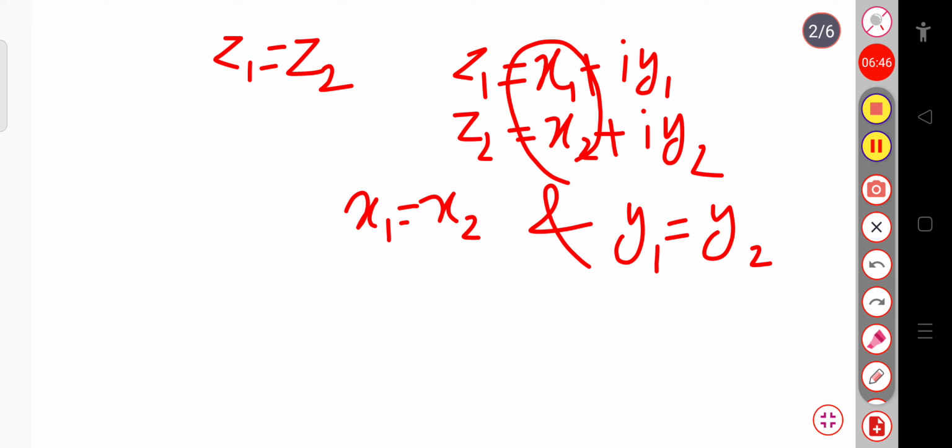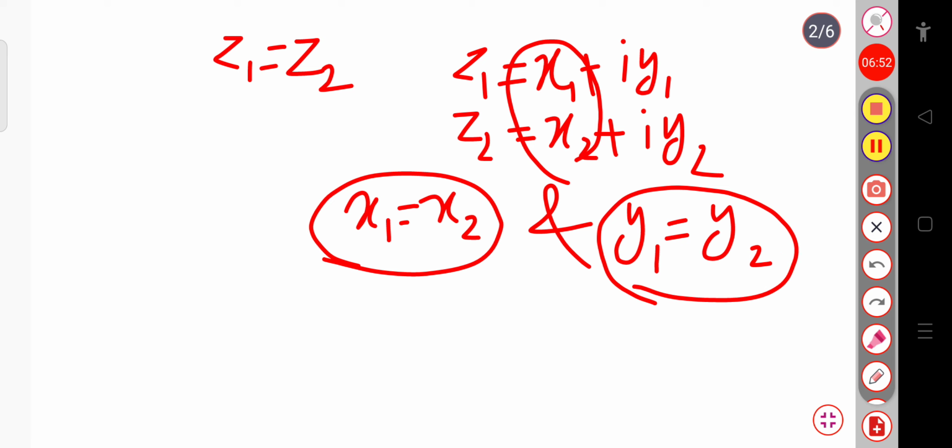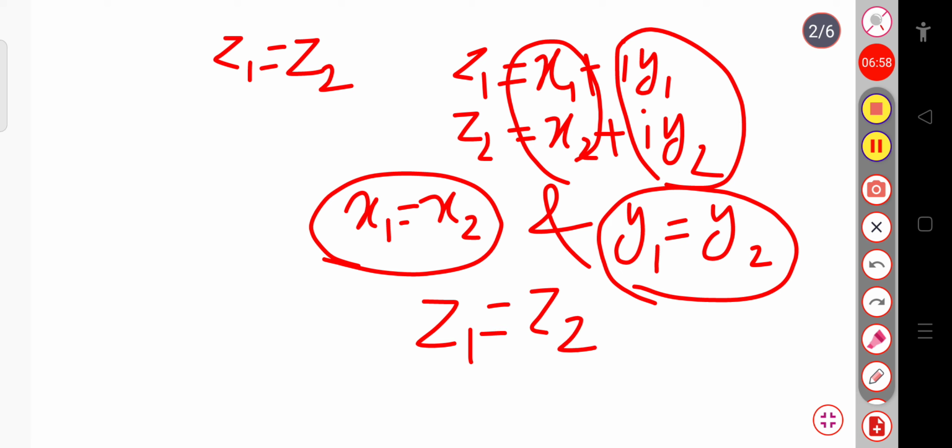So when the real parts are equal and the imaginary parts of the two different complex numbers are equal, then these two complex numbers must be equal, okay. In simple words we can say that two complex numbers are equal if and only if their real parts and imaginary parts are separately equal, okay.